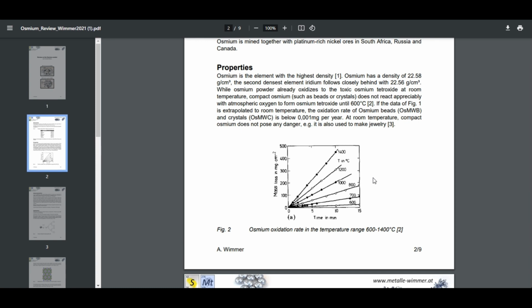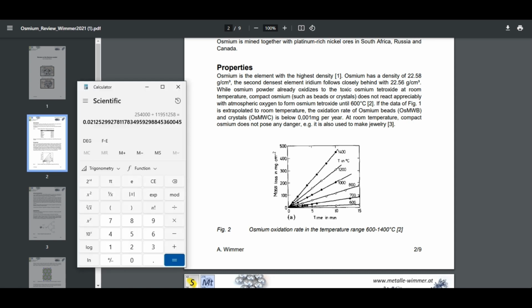Okay, so this is a review that was written by Mattel Weimer, and it goes on to say that the oxidation rate for osmium beads and crystals is below 0.001 milligrams per year.